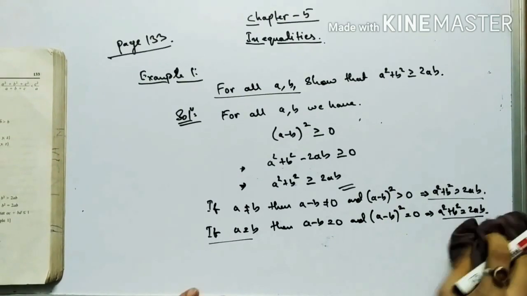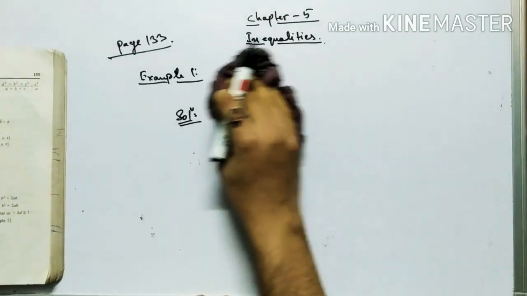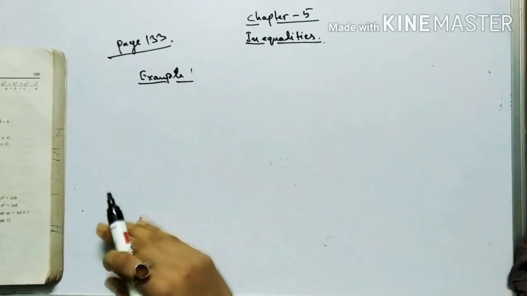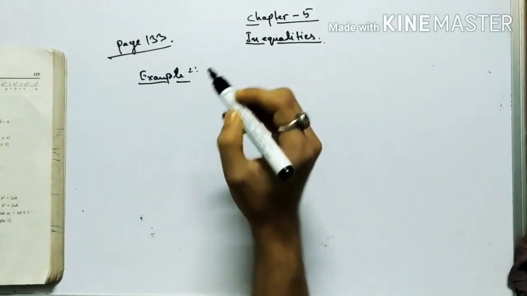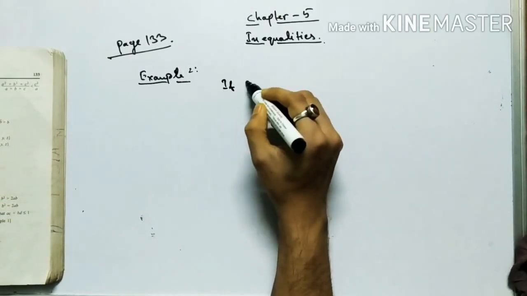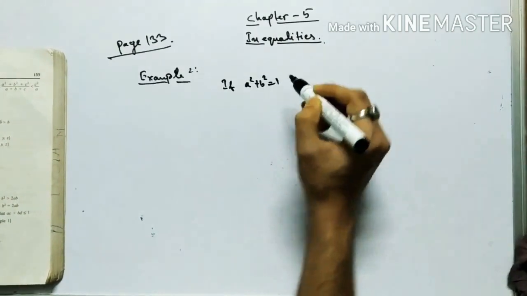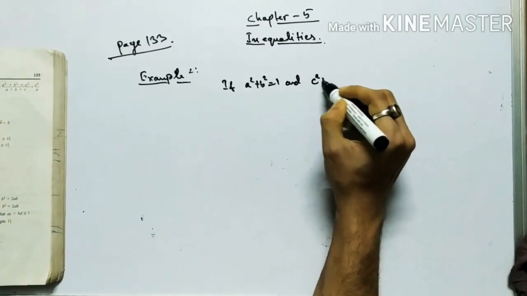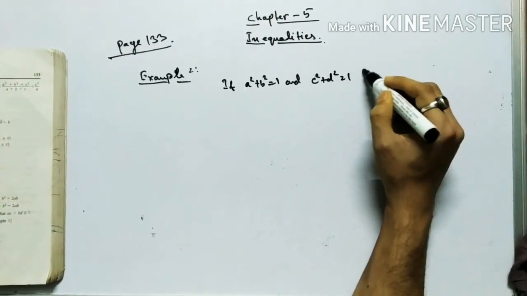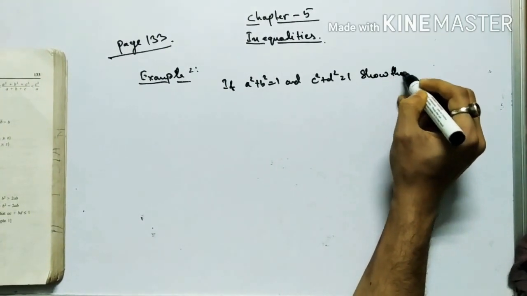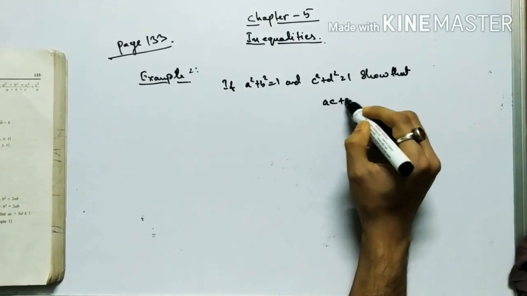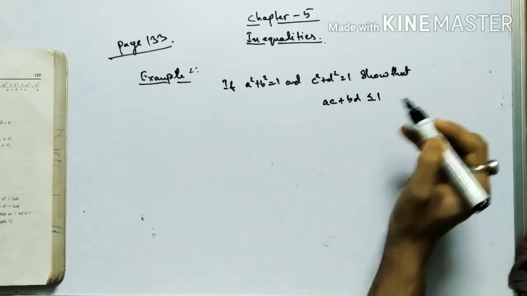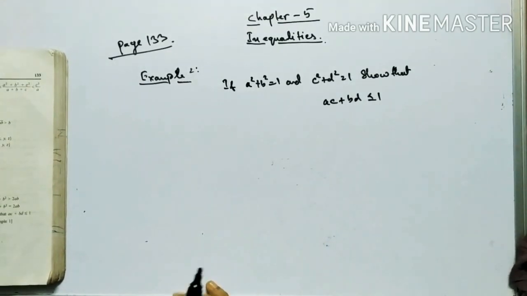Next is our example number 2. It says that if a square plus b square is equal to 1 and c square plus d square is equal to 1, I have to show that AC plus BD is less than or equal to 1.